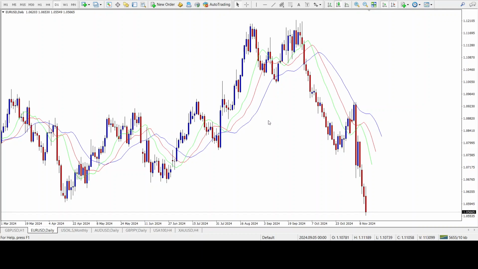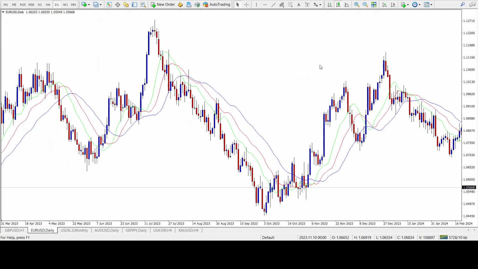When the price of the currency pair is trading above the alligator lines, it shows that it is a bullish trend. On the other hand, when the price is trading below the alligator lines, it shows that it is a bearish trend.